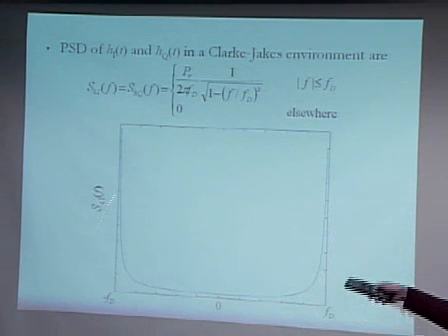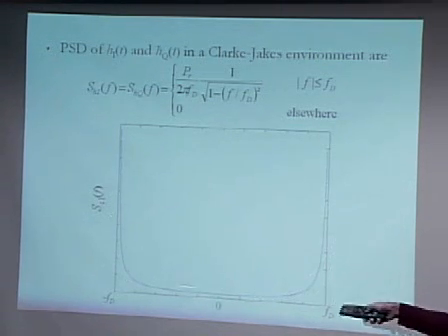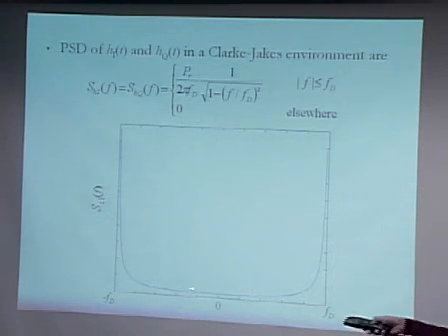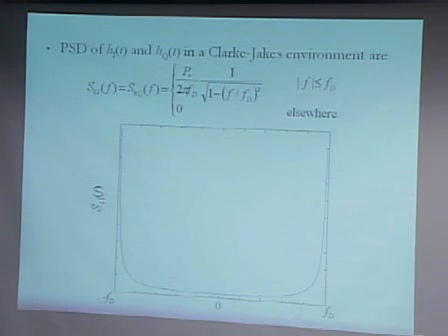The probability is on the extremes, and there's very little in the middle. Most of the time the frequency is shifted all the way in either direction, and yet the environment is uniform, scattering from all directions. So, anybody want to make a guess as to why we don't have a uniform PSD? Anybody have any ideas?